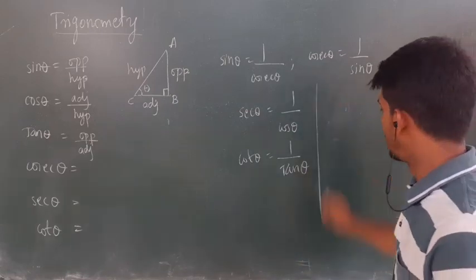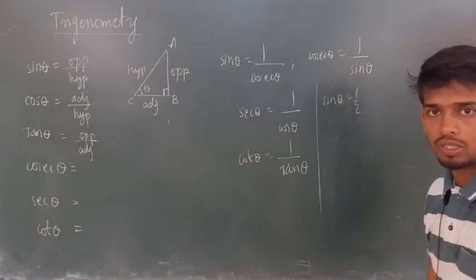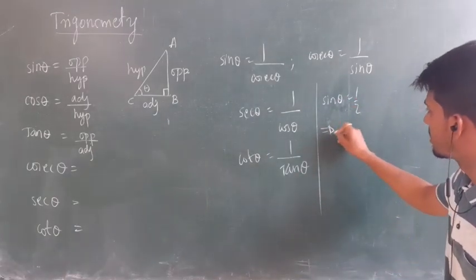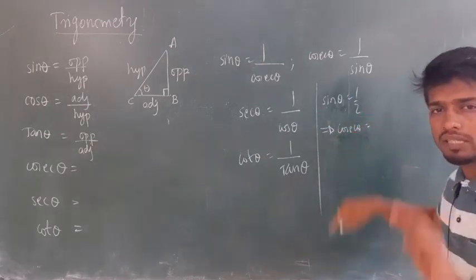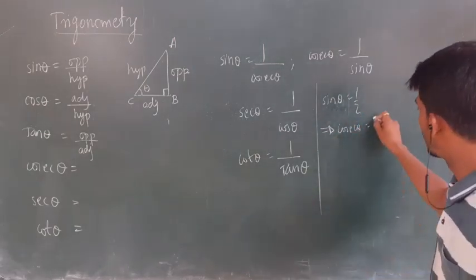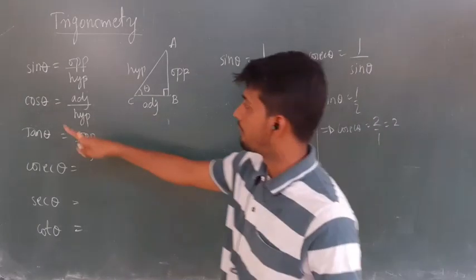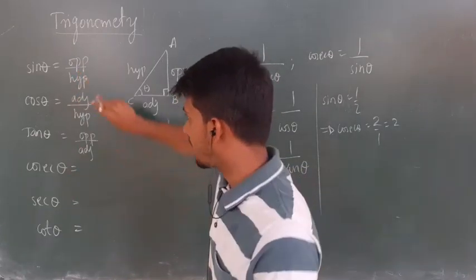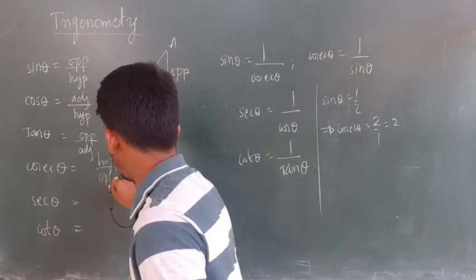How could this be done? If I have sine theta value to be 1 by 2, with the help of this we can define cosec theta. Sine theta is 1 by 2, cosec theta will be the reciprocal of 1 by 2, that is 2 by 1, which is nothing but 2. In general we have defined sine theta to be opposite by hypotenuse, so cosec theta will be hypotenuse divided by opposite.